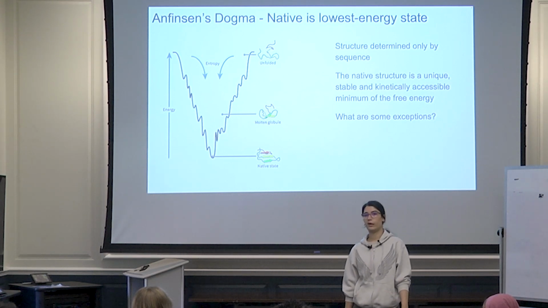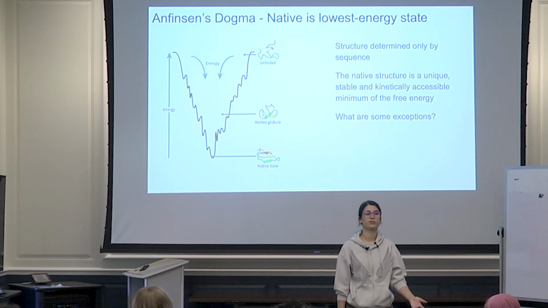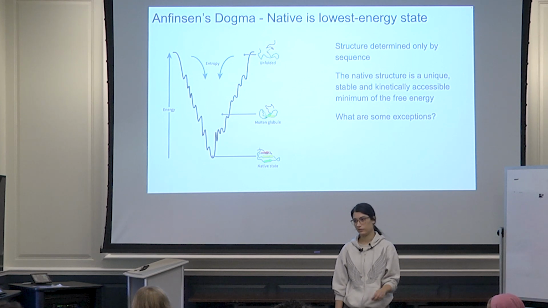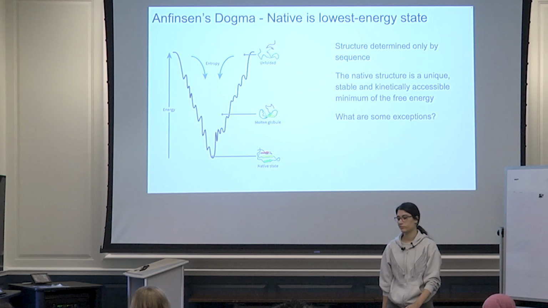Because it's not really about it being wild type anymore, right? It's not that it comes from nature. If the native state is going to be whichever is the most stable in terms of free energy minimization, then I can go beyond what nature has in store for us. So just keep that in mind.